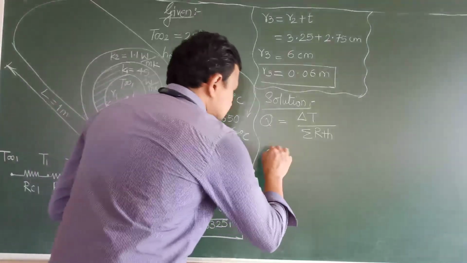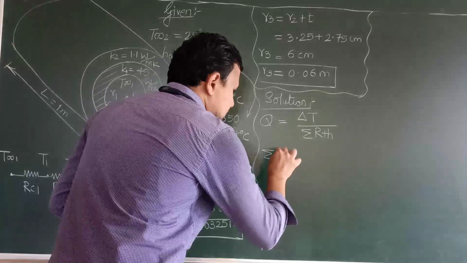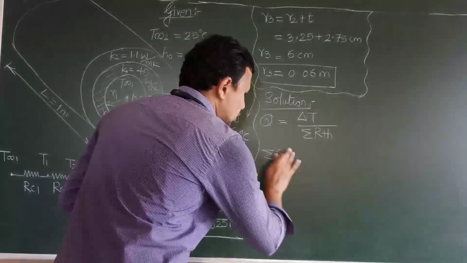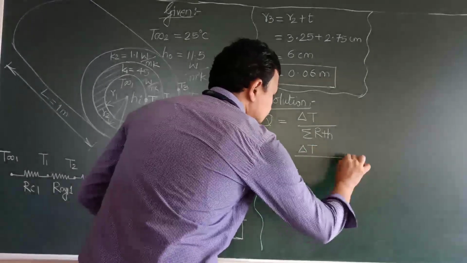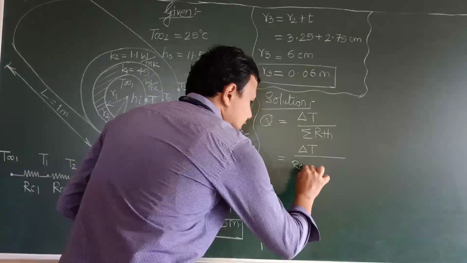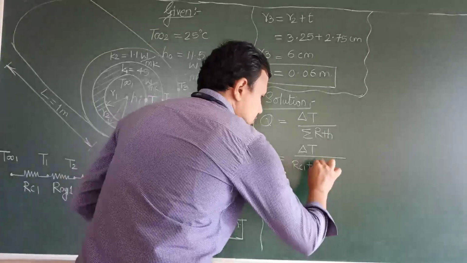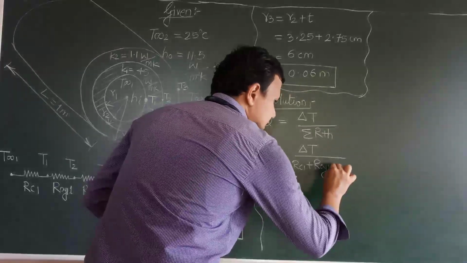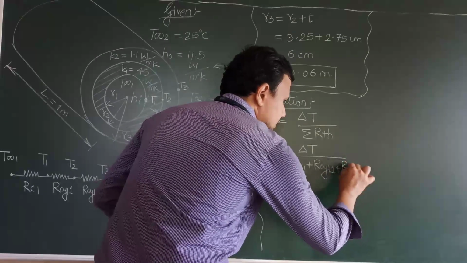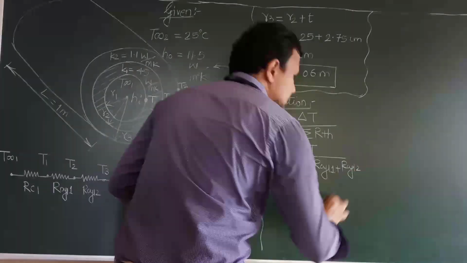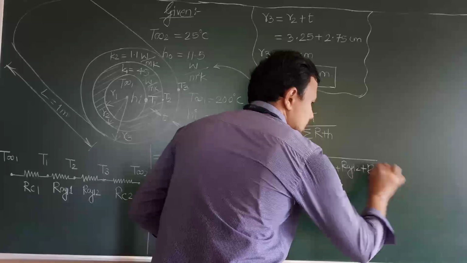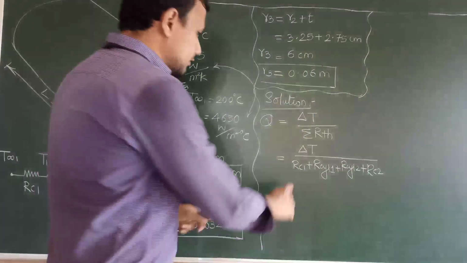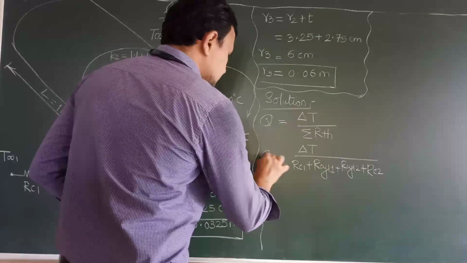Alright, so now let us start evaluating. Here the summation of RTH is nothing but the first convection resistance, first cylinder resistance, second cylinder resistance, and then the second convection resistance. Now I will determine each and every quantity.